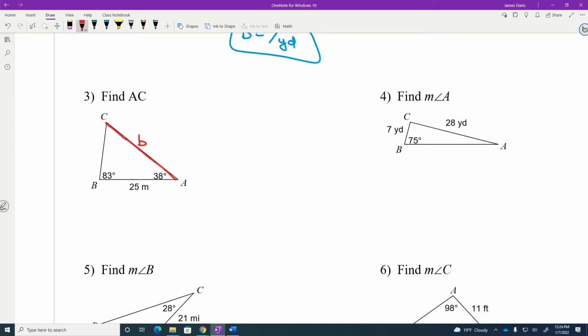But we do have 2 angles, so that means we're still going to want to use the law of sines. What do we need to do first here? The 83. Yeah, we need to find this third angle here, right? Find big C, so then we'll have a pair with big C and little c. So if we just do 180 and subtract those 2, then we can get big C and then we'll have a pair.